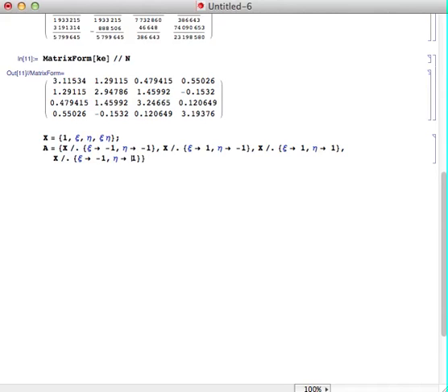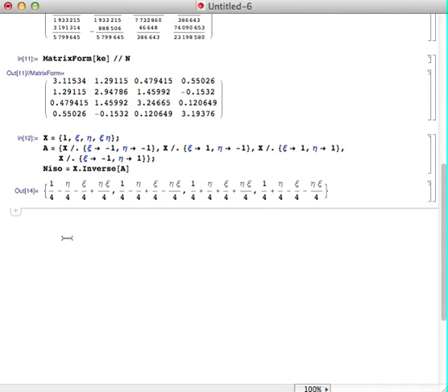Minus 1, 1. All right, and then I'm going to call these N iso for the isoparametric shape functions, and they are x dot inverse A. All right, and there they are, and they're exactly what we have shown them to be before.